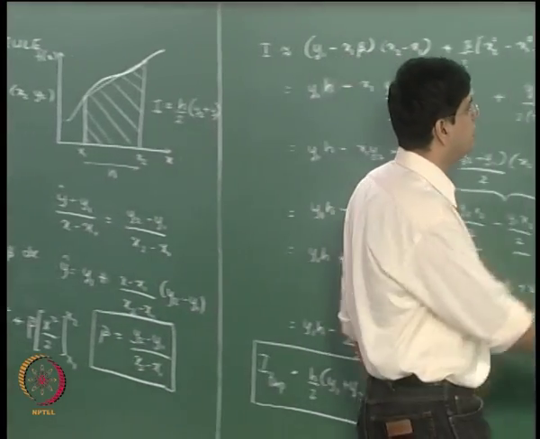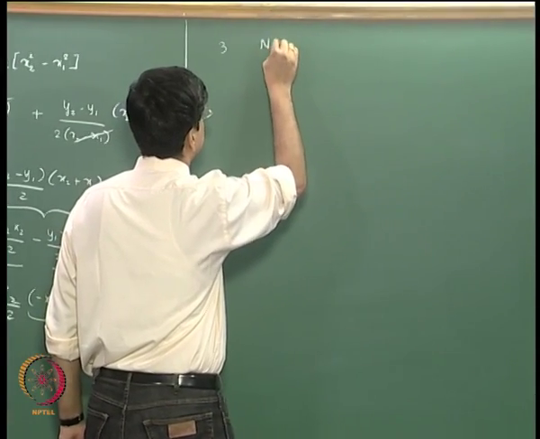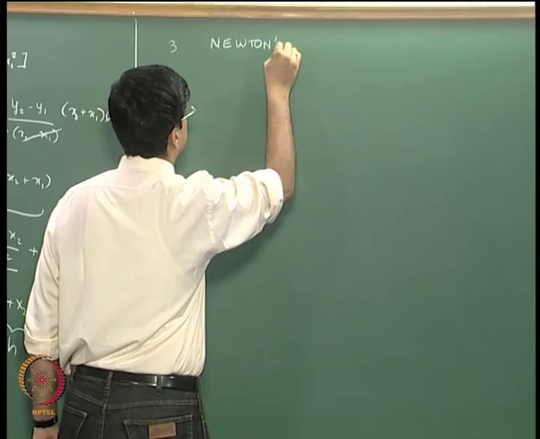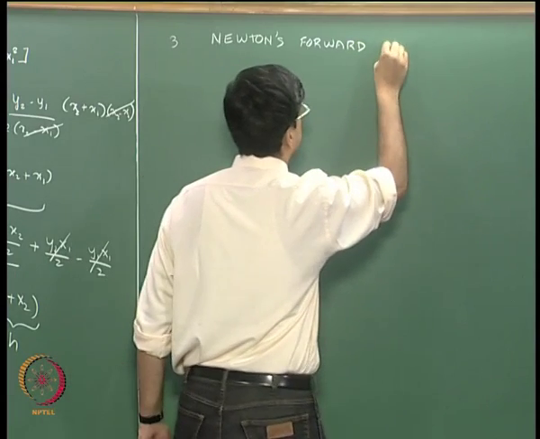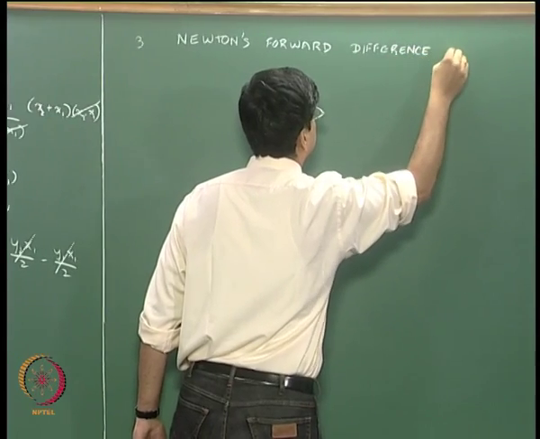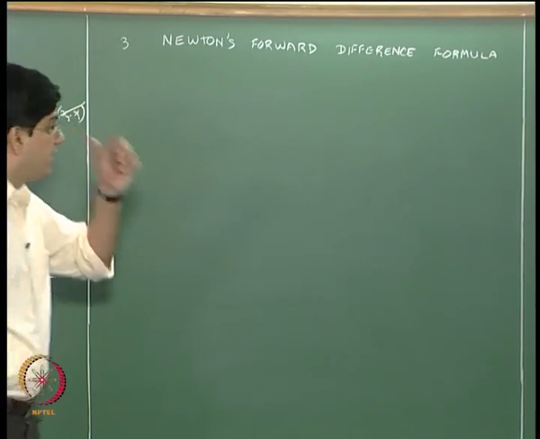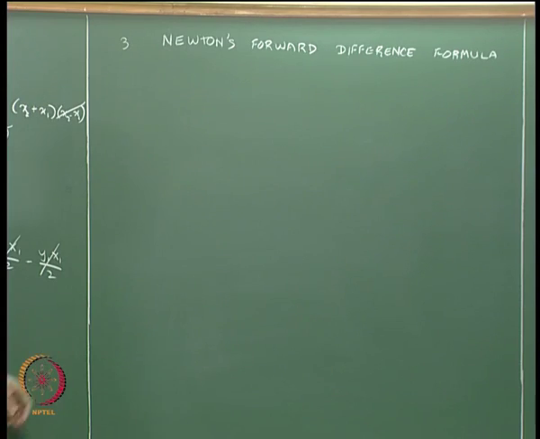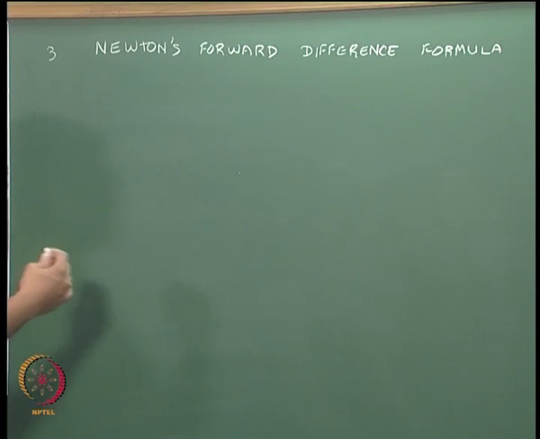The third method we will use is based on Newton's forward difference formula. If we recall, the Newton's forward difference formula for two data points was nothing but y1 plus alpha multiplied by delta y1 plus so on and so forth.